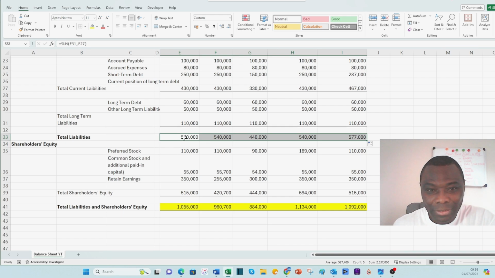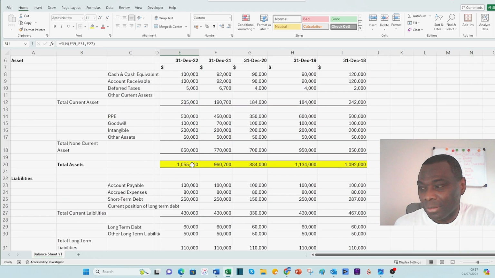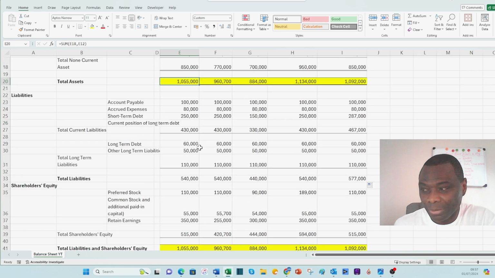Now that plus total shareholders' equity should bring you to that, and that is your total liabilities and shareholders' equity, and that should equal your assets, which is up here, as you can see.